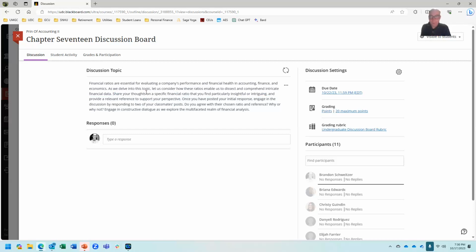For example, for me, I really like the current ratio. The reason why I like the current ratio is because it tells me of the company's ability to pay its current debt.